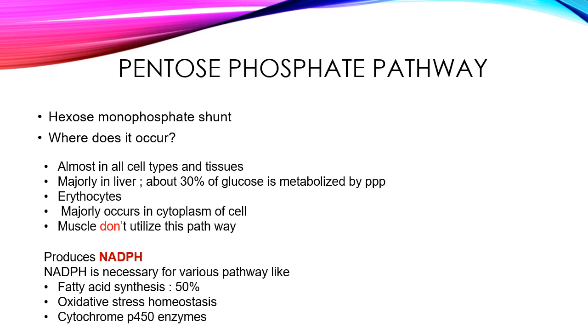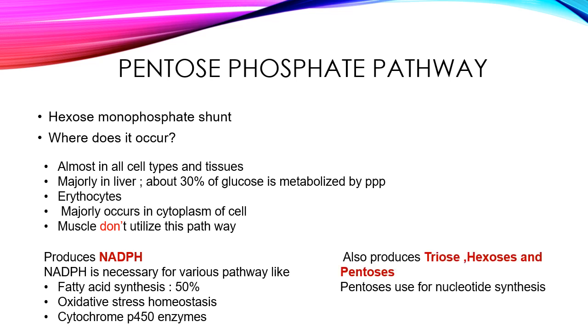It is also utilized in oxidative stress homeostasis, majorly in liver and RBC to protect them from oxidative stress, and it is used in the generation of cytochrome P450 enzymes. Okay, so where NADPH is used is highlighted over here.